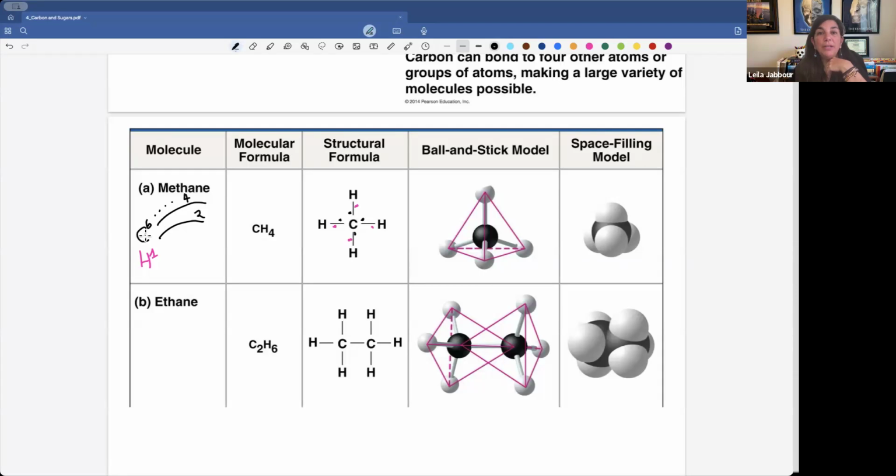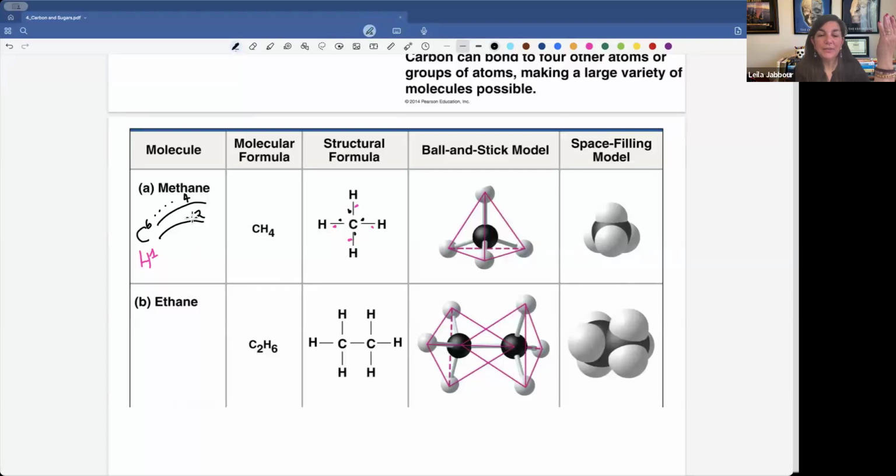So this carbon is going to go find 4 friends that are going to share their electrons with it. And that's what's going to happen between carbon and hydrogen. Hydrogen shares its one lone electron, and carbon will share its 4 electrons on the valence shell. You see these 4 black dots, and those 4 are shared with individual hydrogen, and the hydrogens are sharing their 1 electron. This satisfies everybody.